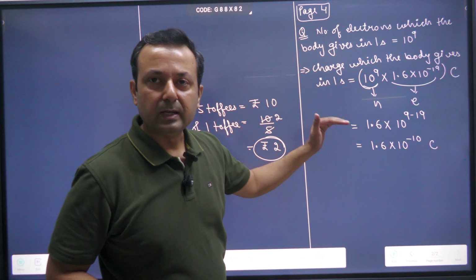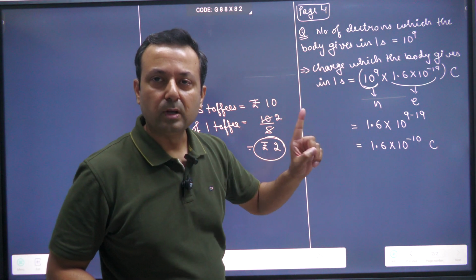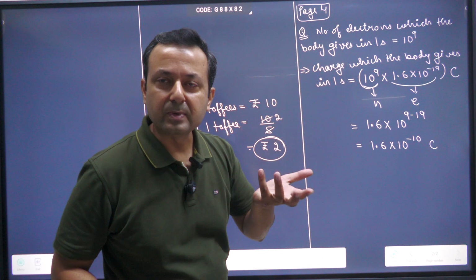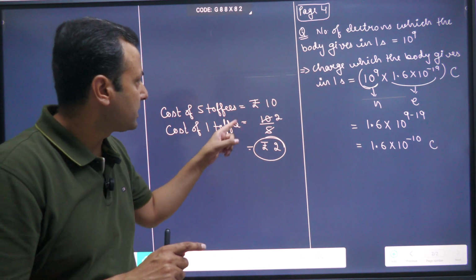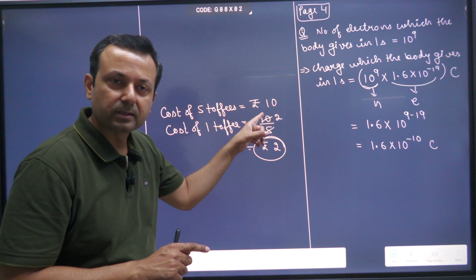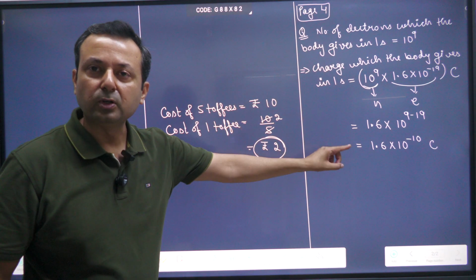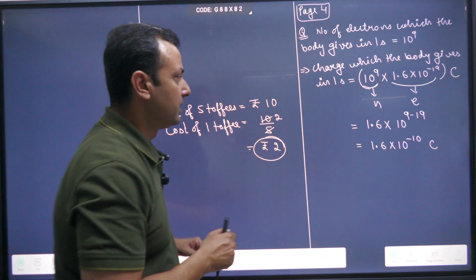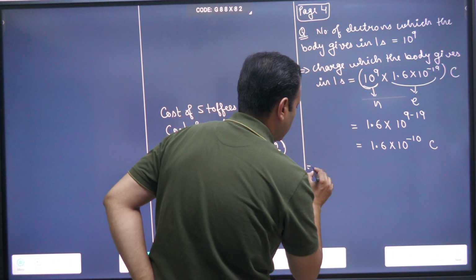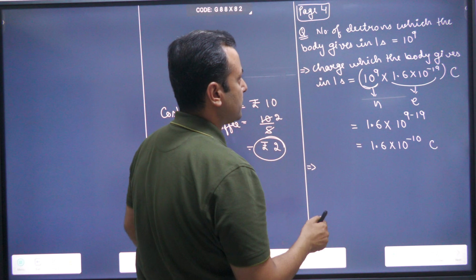In this, they are asking that for 1 coulomb of charge, how much time is required? So we have calculated cost here, so we put cost onto the right hand side. Here we want to calculate time, so we will put time onto the right hand side. So we will reverse this equation.